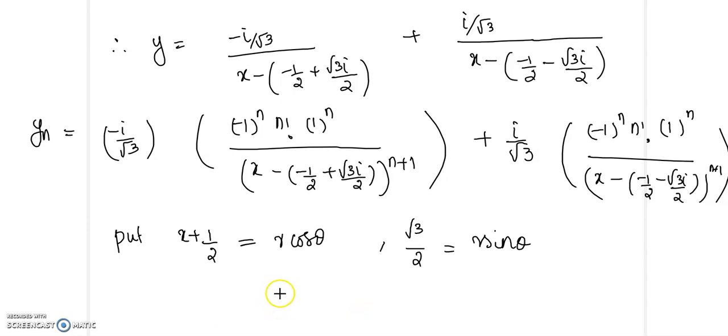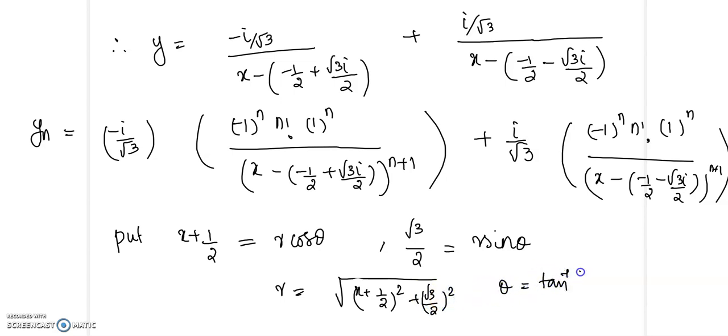So therefore r will be equal to root of (x plus 1 by 2) whole square plus (root 3 by 2) whole square, and theta will be equal to tan inverse of root 3 by (2x plus 1). So that will be the value of theta. So we have r and theta now.